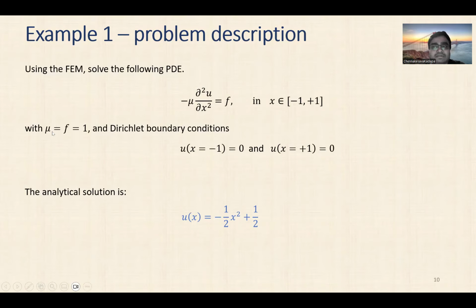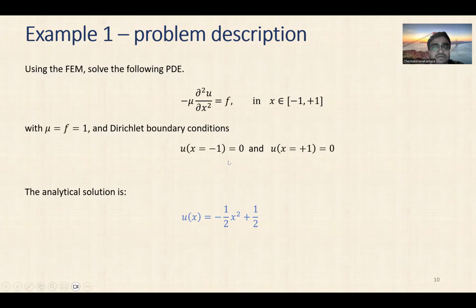We take mu and f as 1 just to keep it simple, and our boundary conditions are both zero. For these parameters and boundary conditions, we can derive the analytical solution, and it happens to be minus half x squared plus half. It's like a parabola. We use this for our reference.